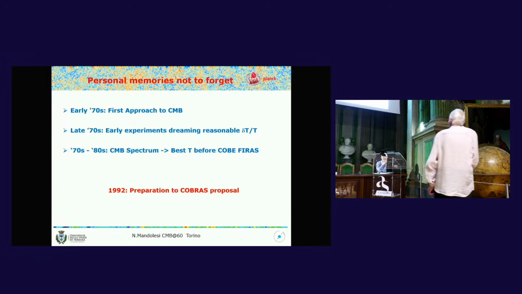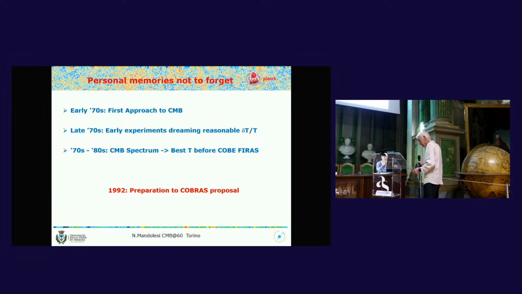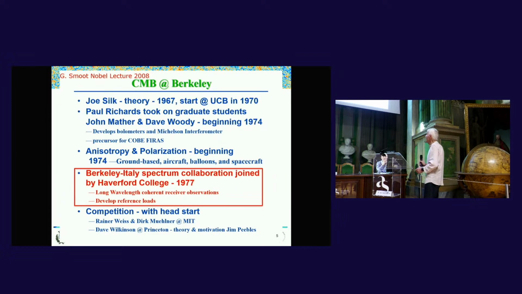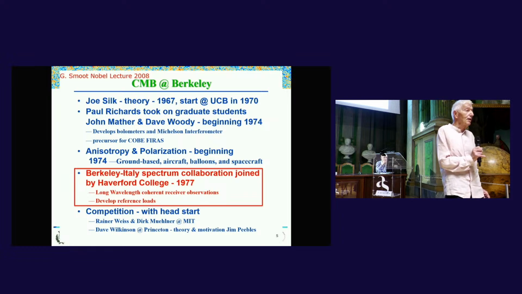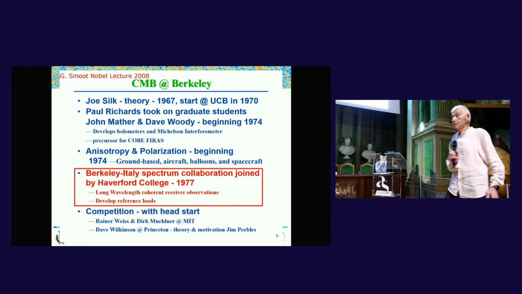And then in 1992, I started thinking about COBRAS. Talking about the Berkeley Italy Spectrum collaboration, the truth is that with Bruce, we talked to George to see if we could establish a collaboration. And so we did. And this was recalled by George at the Nobel Prize lecture.